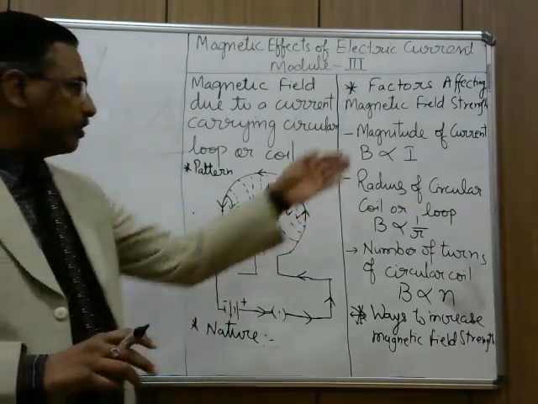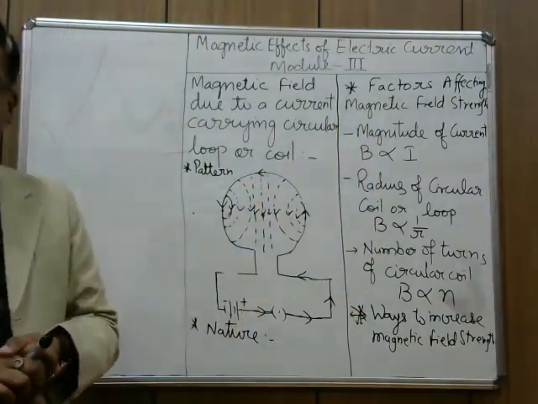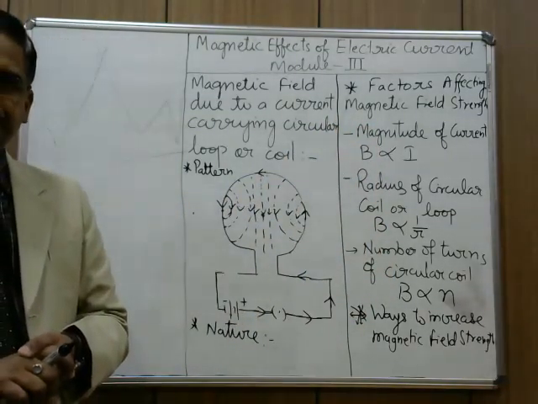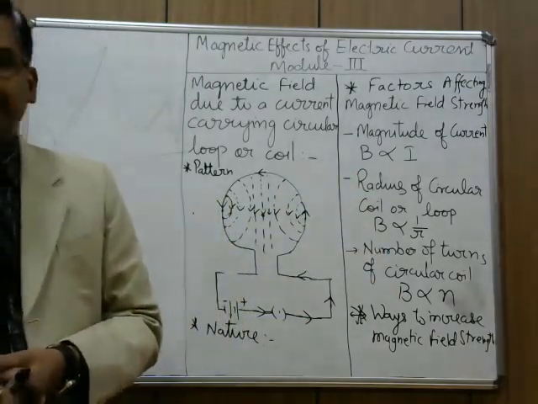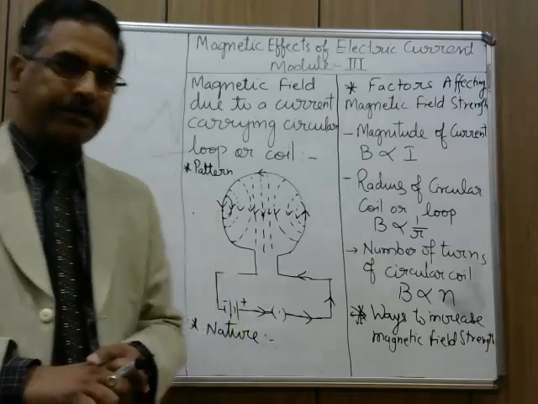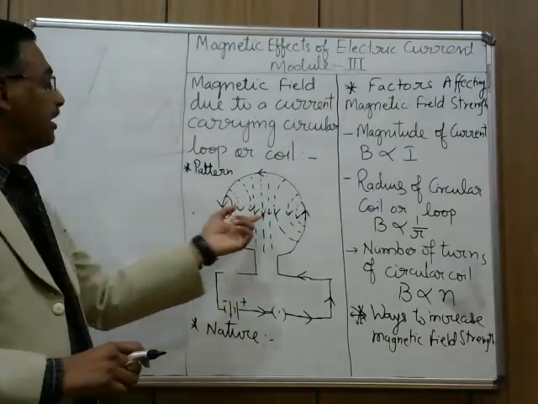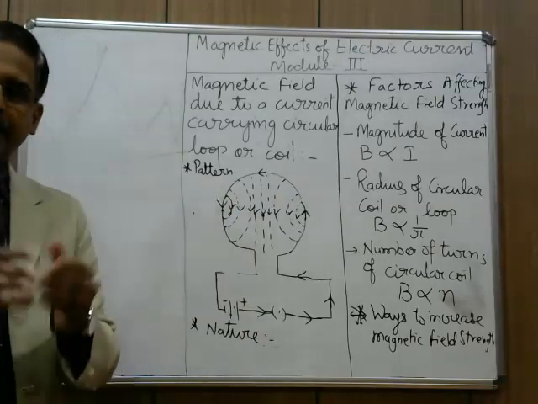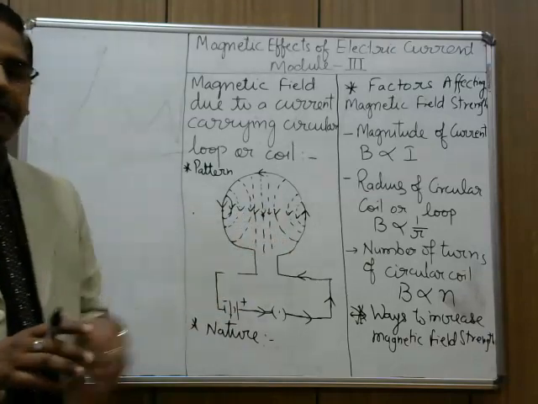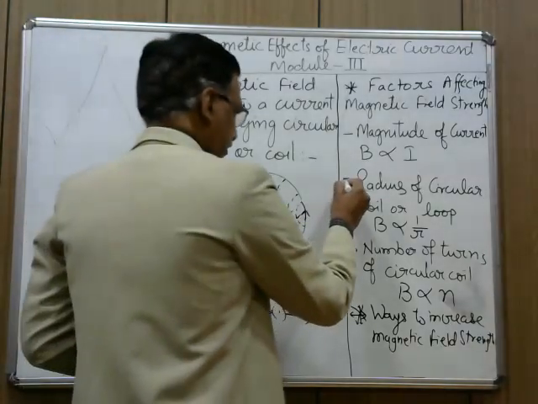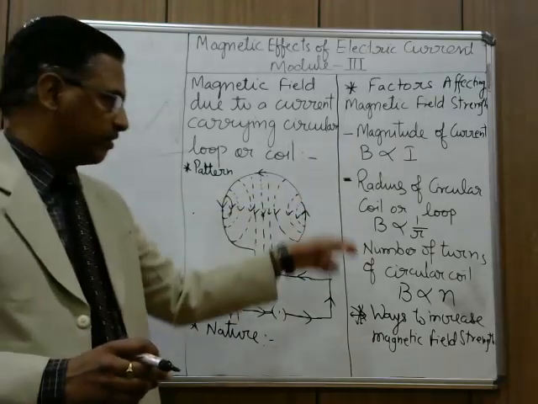So we are left with, because these are the three factors which are affecting the strength of magnetic field. So by these methods only we can increase or decrease the magnetic field strength. Since the circular coil is kept the same, either at this point or at the center, we have to increase or decrease. Then one thing we have fixed, this point, radius has been fixed. Then we are left with two options.